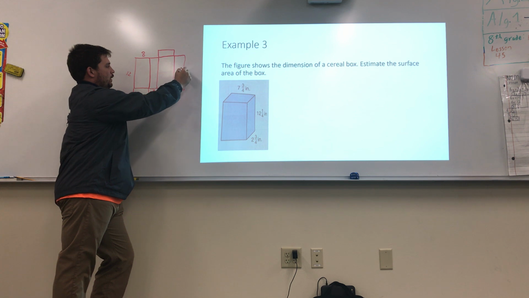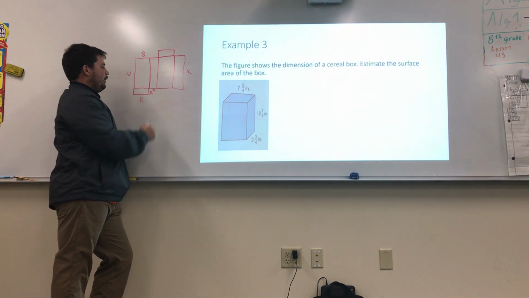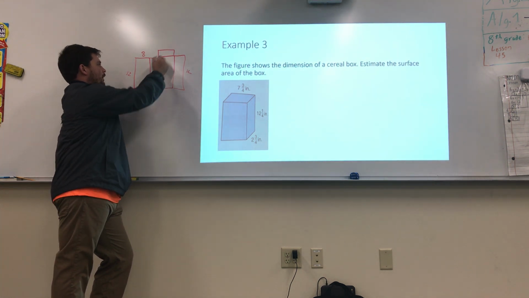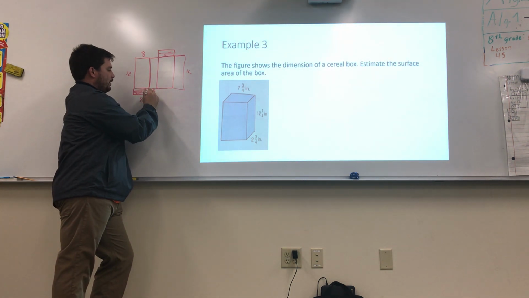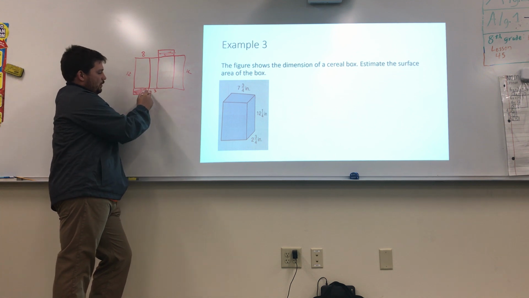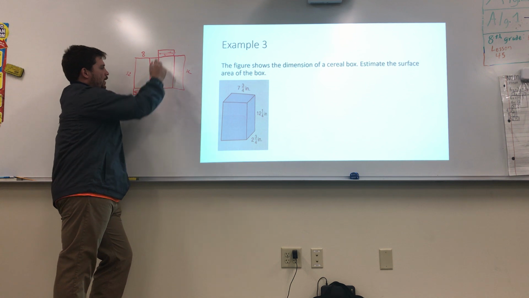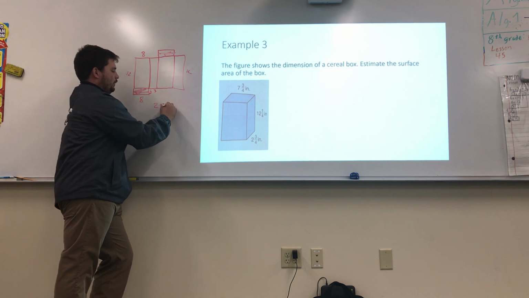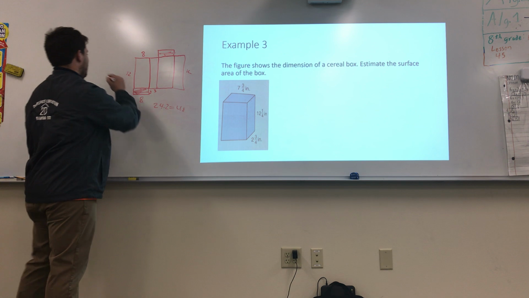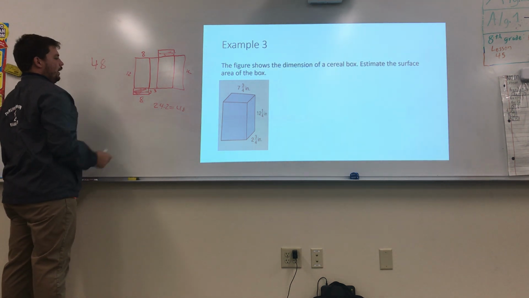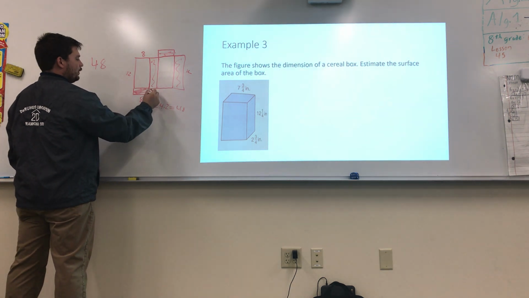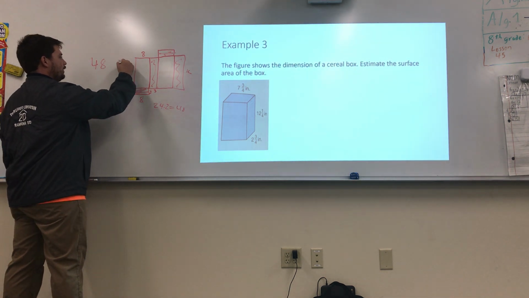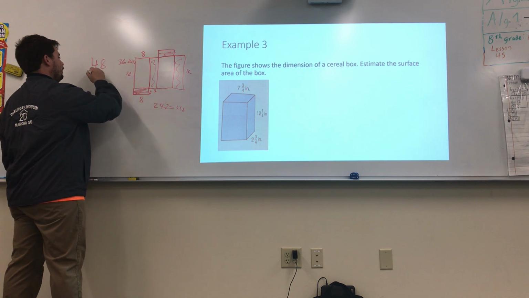This is 12. This right here and this are the same. We should round that to 3. So you get 24, and there are 2 of them. 24 times 2 is 48. Now I want to do this one and this one. It's going to be 3 by 12, which is 36, times 2 is 72.